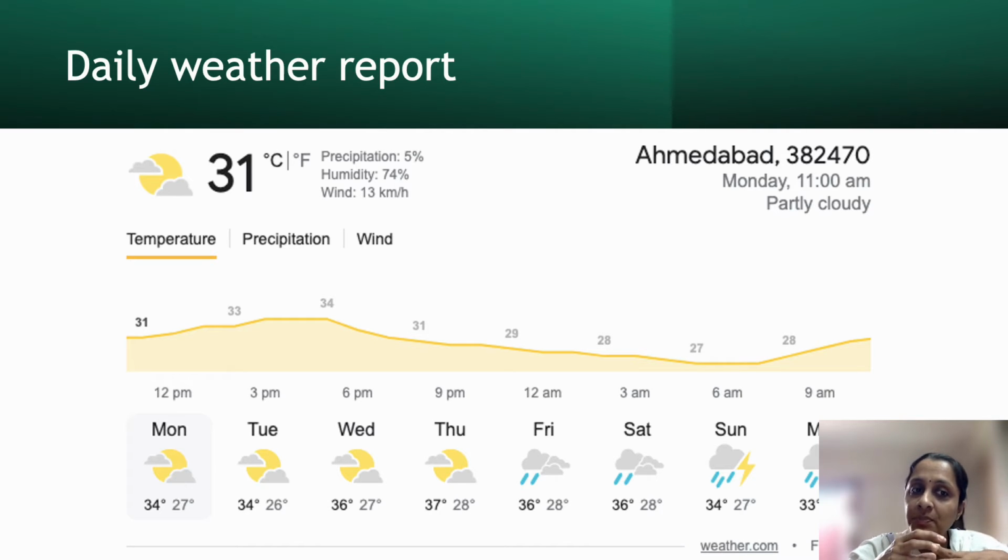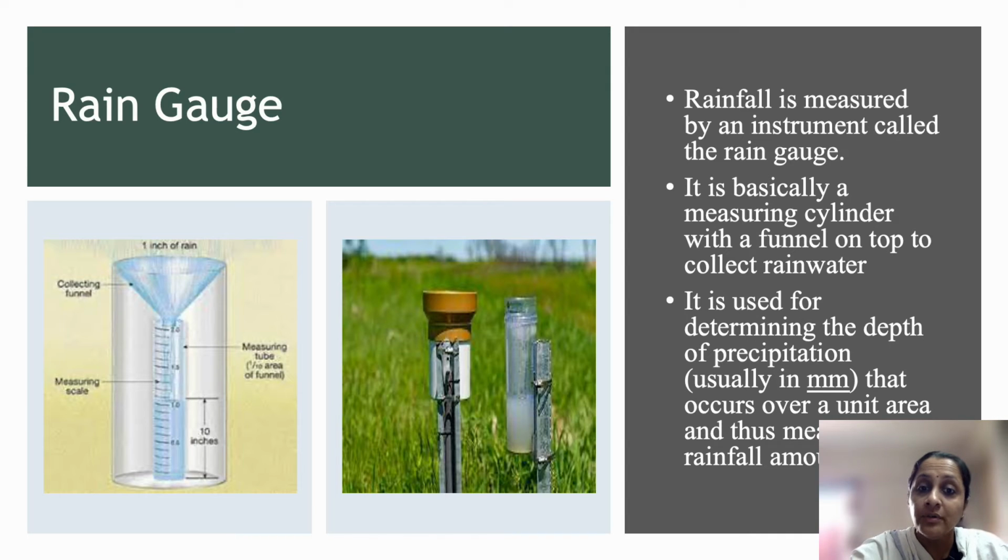So on Tuesday at 3 p.m., Wednesday at 6 p.m., it will be showing you day wise, hour wise the weather report. You can study this on your own also and try to figure out the weather of a particular place. You also can find out the weather of a different place. Sitting in a different city, you can actually see what the weather is of different places across the world.